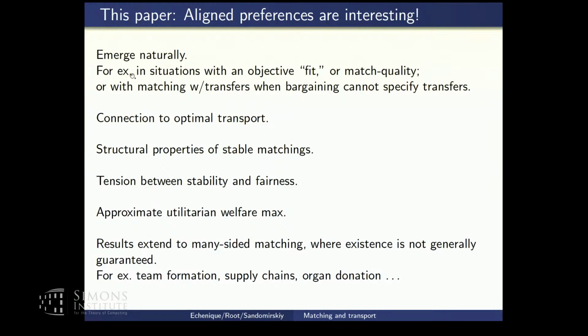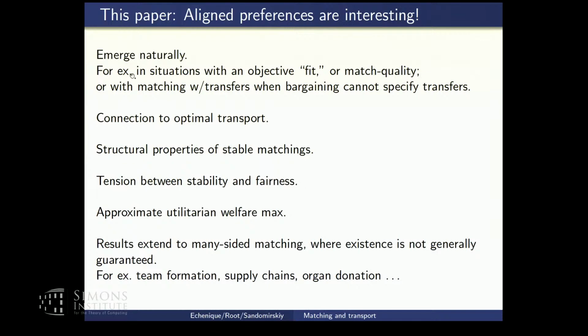After you got married, there's no contract that says who's going to do the dishes. And if that happens, then you can think that every pair backward inducts what the outcome of the internal bargaining will be, and then you naturally get this type of common preference.